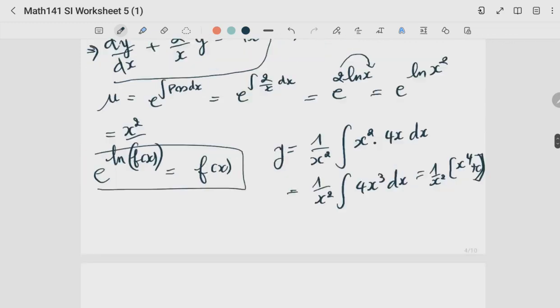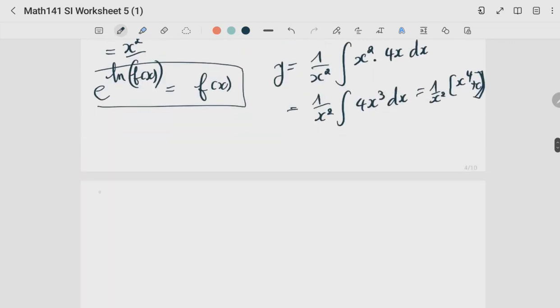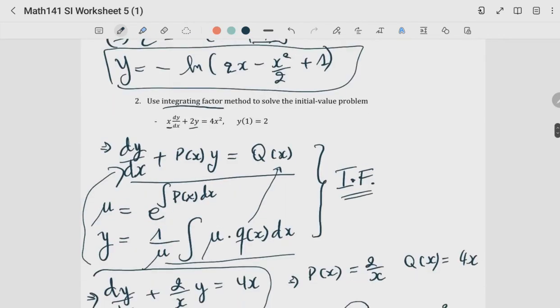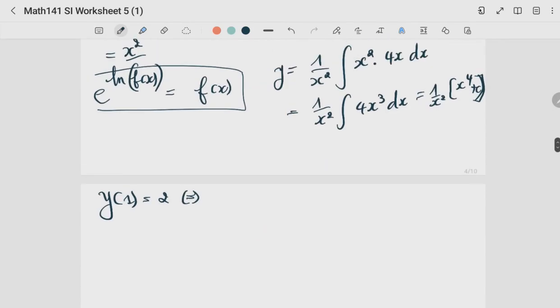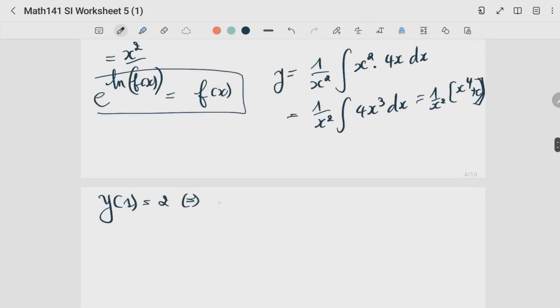So going back to this one, we do the same. We are given that y of 1 is equal to 2. That just means that when you substitute 1 into y of x, which is 1 over 1 multiplied into 1 to the 4 plus c, it is equal to 2.